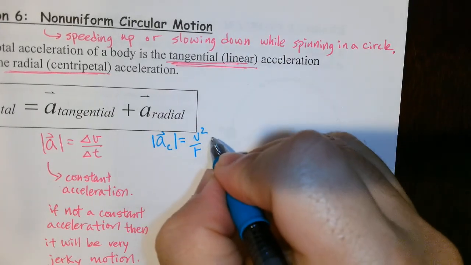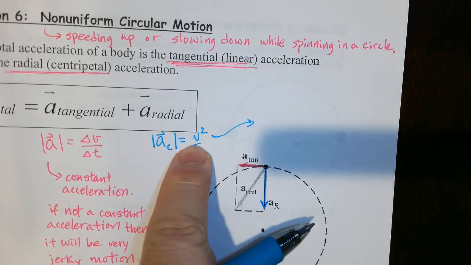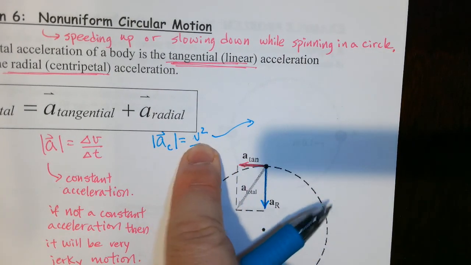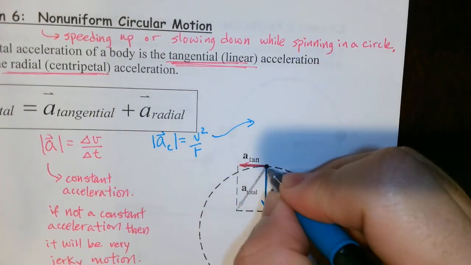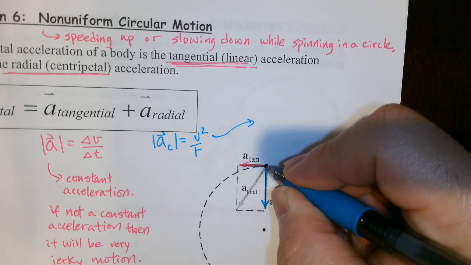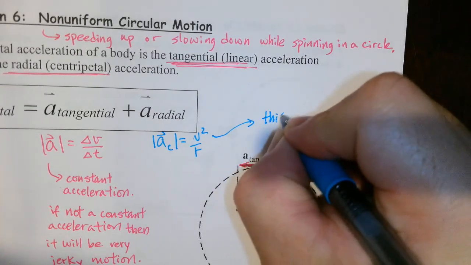This v for my radial acceleration, since the speed is changing, has to be the instantaneous speed at this time, at this moment.